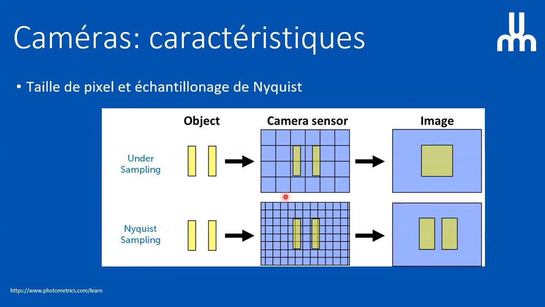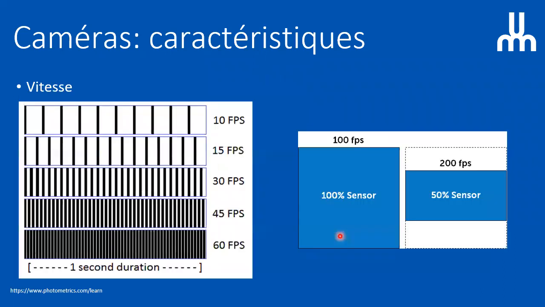Take this example of a camera which has big pixels here, and you have this object you want to image. I have only 4 pixels. And if I reproduce the image of these 4 pixels that get illuminated, I get the square. But my real object was two bars, so this is different. If you have a camera with smaller pixels, then you see that you can actually resolve the object better. So the size of the pixels is important for the sensitivity, but also for the resolution.